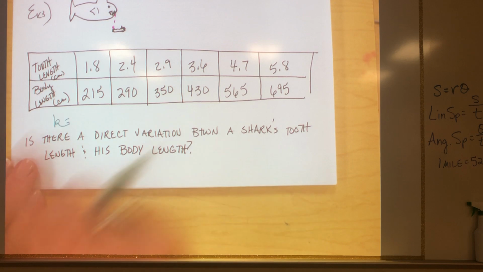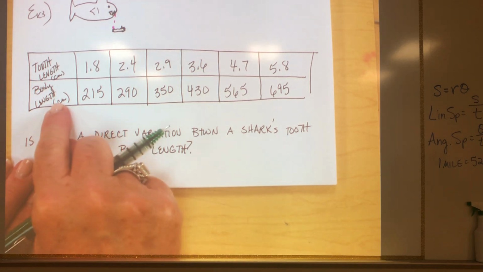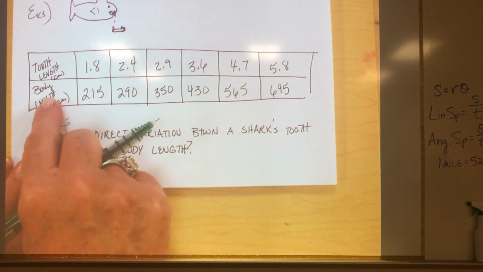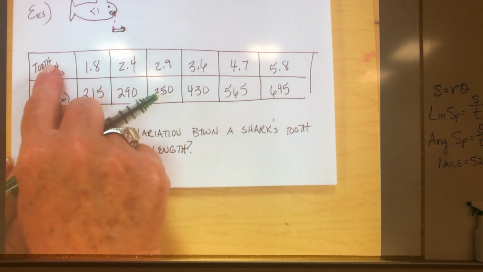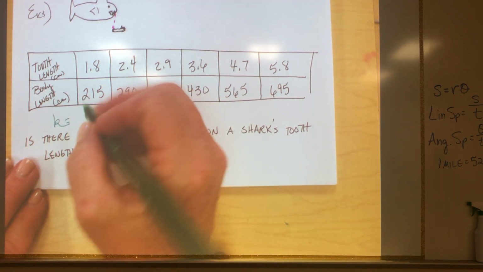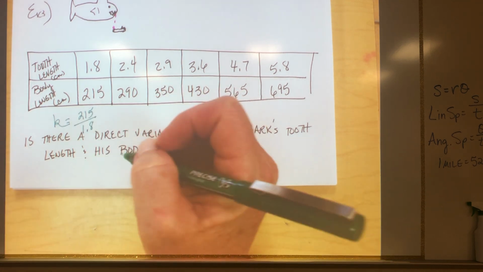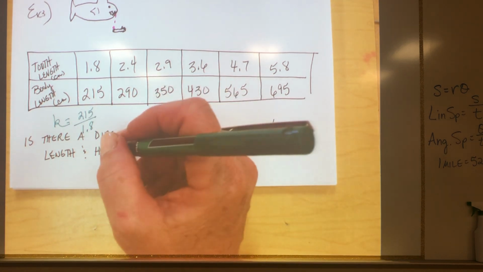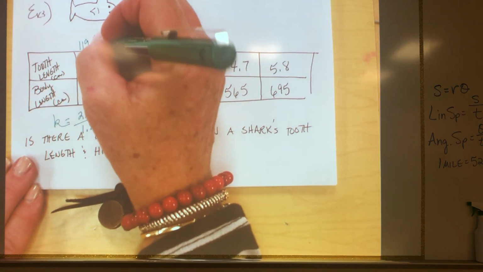Y goes on top, just like in slope. Y goes on top, X goes on the bottom. So my constant of variation is 215 over 1.8. 215 over 1.8 is 119.44 repeating.